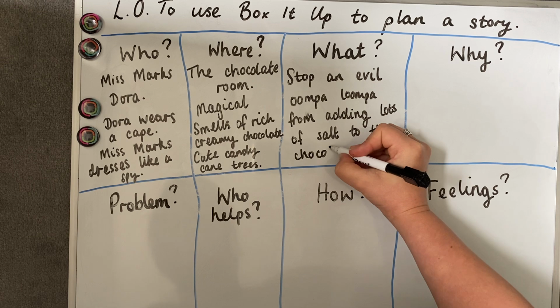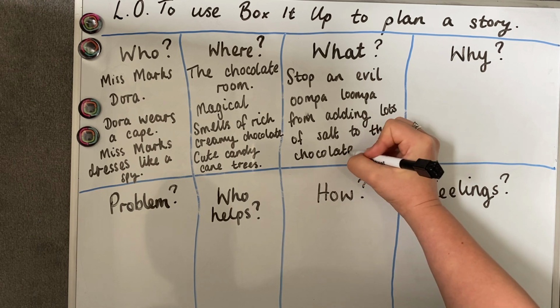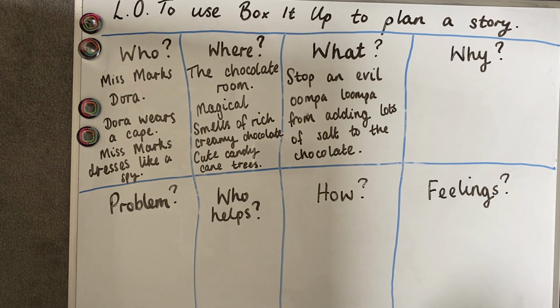So we've got an evil Oompa Loompa who is trying to ruin all of Willy Wonka's chocolate bars by adding lots and lots of salt.